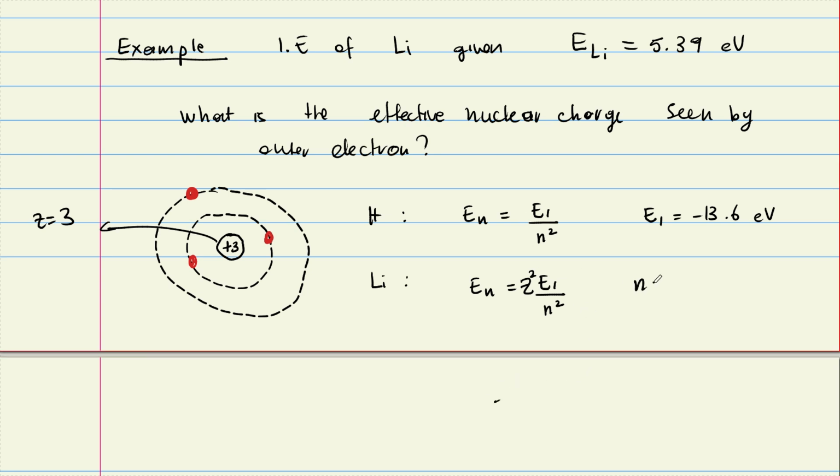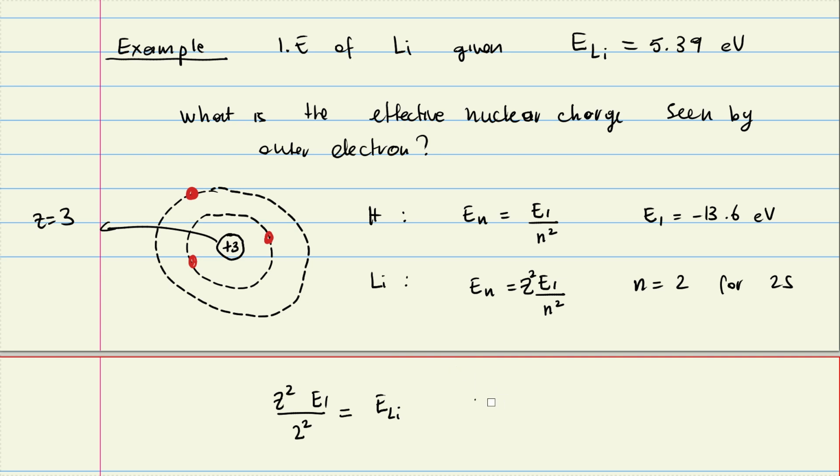And n is equal to 2 for 2s. Let's put that. So this is Z squared E1 divided by 2 squared, which is given by this ionization energy, let me call it E lithium, and the minus is cancelled.